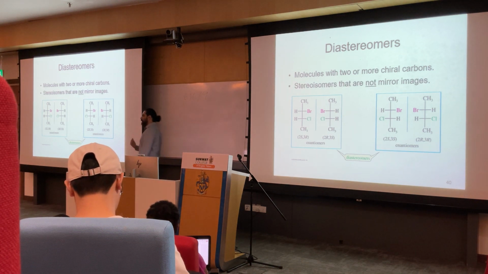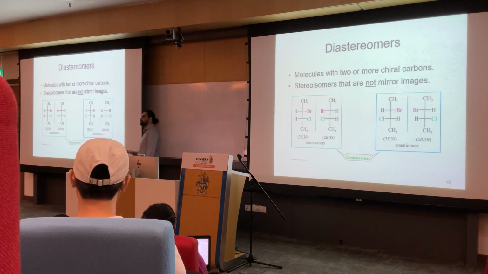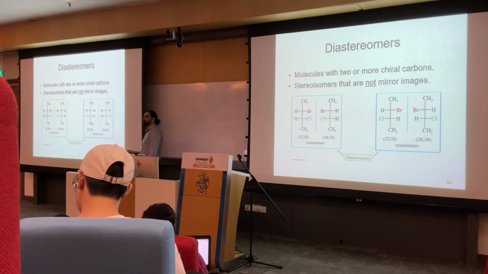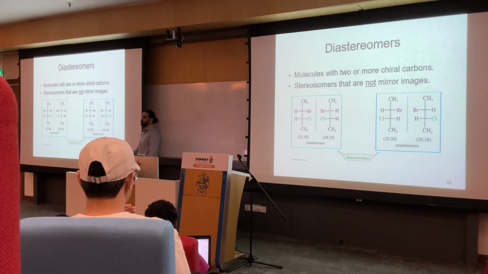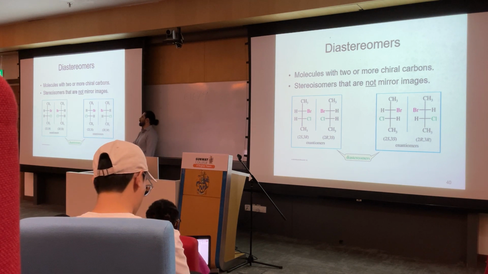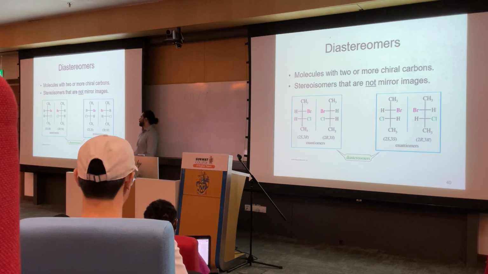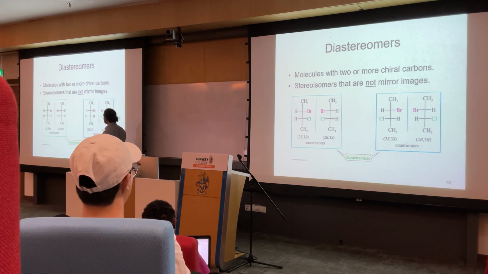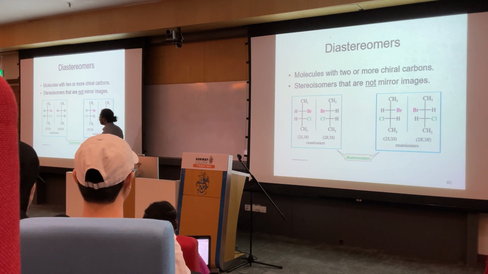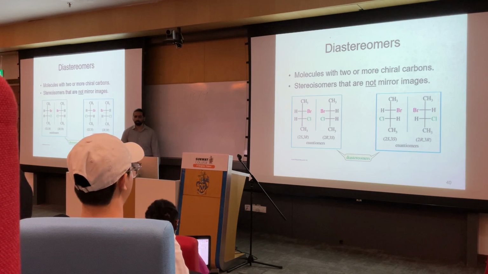Right, so in case of diastereomers, which will generally have more than one stereo center, or chiral centers, or asymmetric carbons, whatever you want to call them, sometimes we can also have a plane of symmetry.